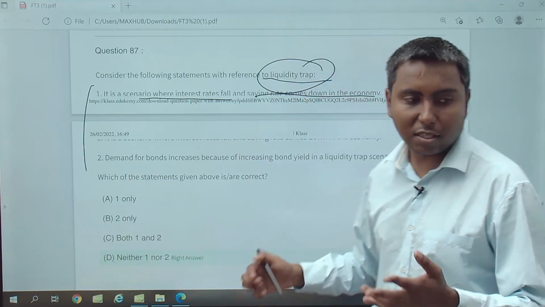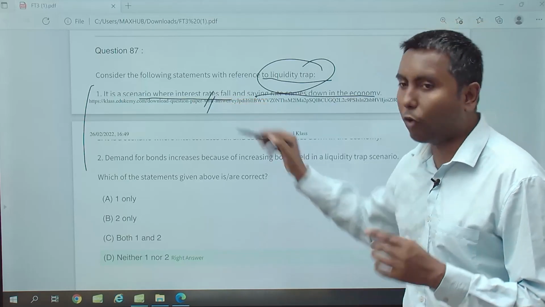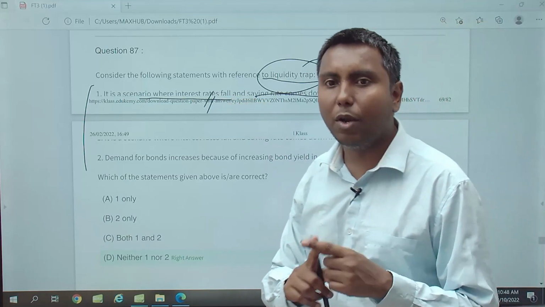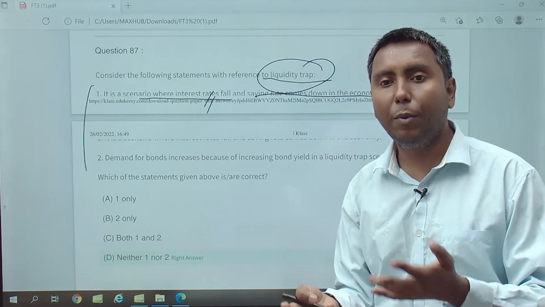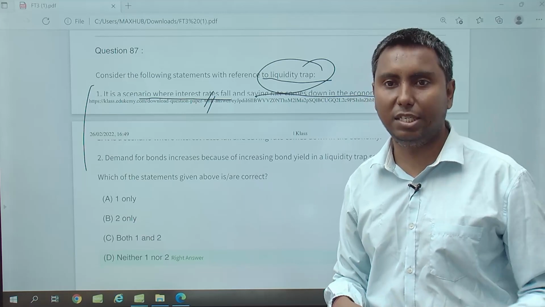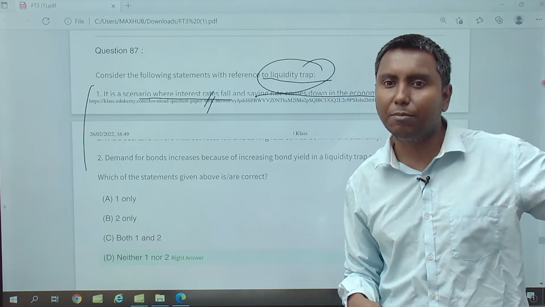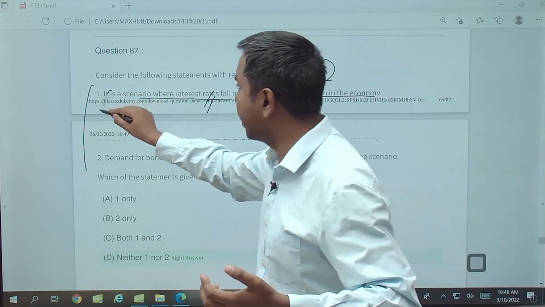So in such a case, even if interest rate falls, people will not spend more. People will save money even if interest rate is down, because they are expecting something bad to happen. So statement 1 again is incorrect.